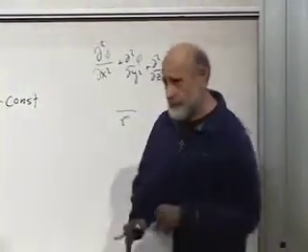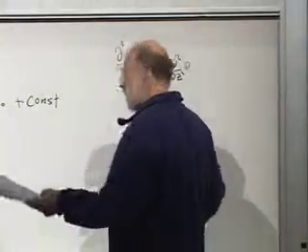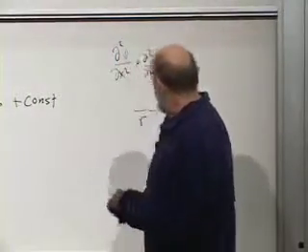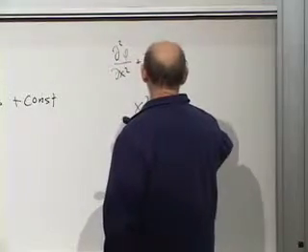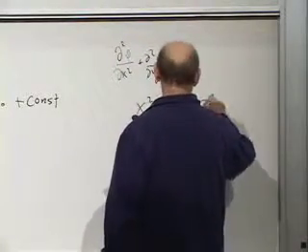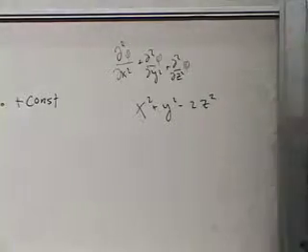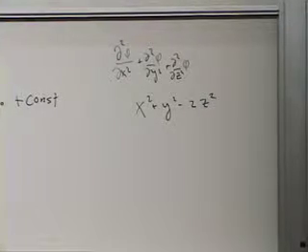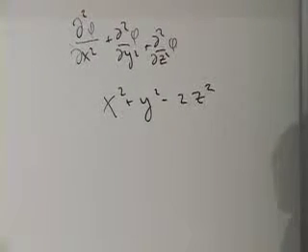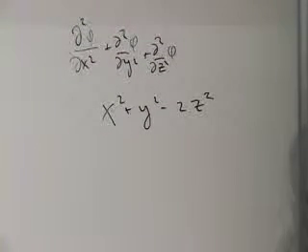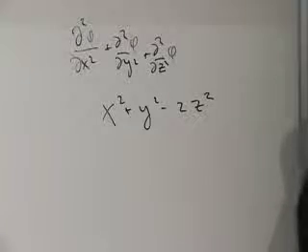Let me just write down one function with that property. Take x squared plus y squared minus 2z squared, and call this phi. What's the second derivative of this with respect to x? 2. How about with respect to y? 2. How about with respect to z? Minus 4.